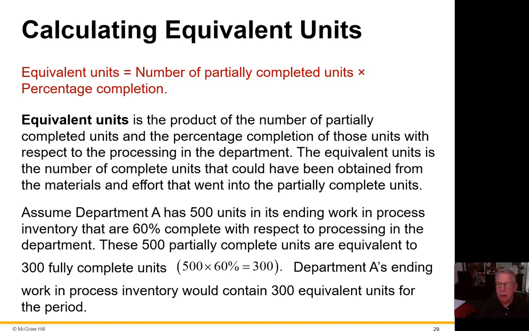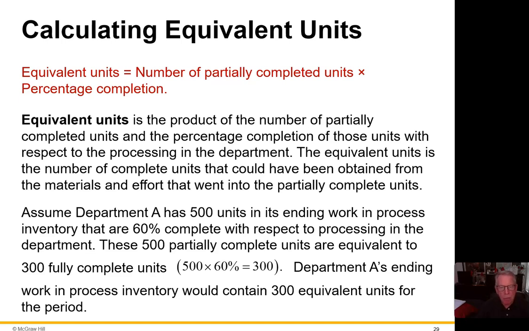The equivalent units is the number of complete units that could have been obtained from the materials and effort that went into the partially complete units. As an example, Department Alpha has 500 units in its ending work in process inventory that are 60% complete with respect to processing in that department.